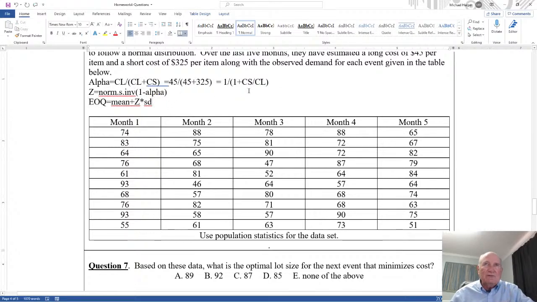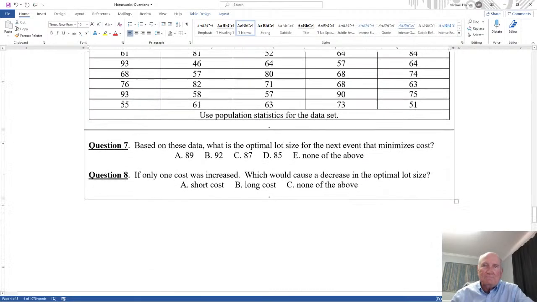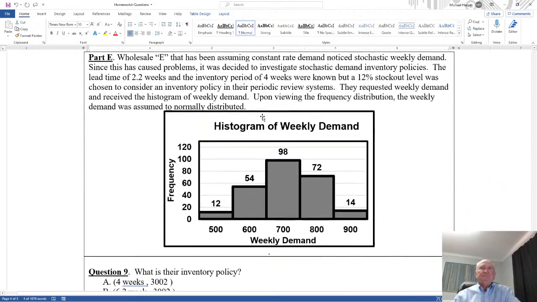So how does alpha change when the short cost changes in the denominator, or the long cost changes in the denominator of the denominator? It's just a relationship thing. Those are 2 different ways of doing it, and I'll leave that for you. You can either set it up in Excel and simulate it, or you can see right here that alpha will be inversely related to EOQ. Okay, let's go on to the next one.